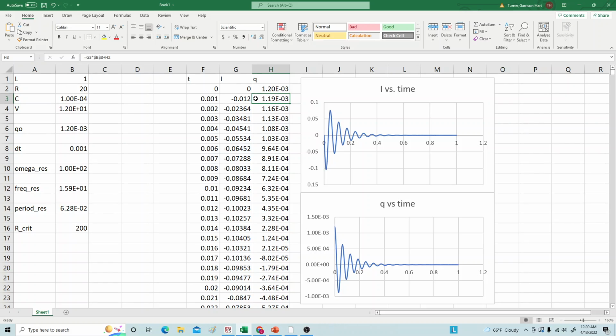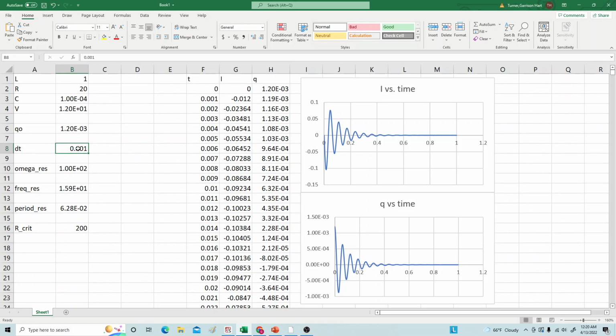So this is going to be equal to G3, which is the current that I just calculated, times B8, which is my time interval, plus H2, the previous charge. So that's it. Once you have these formulas, you can then calculate the updated current and charge through the circuit and on the plate respectively at each time step, each increment of 0.001 seconds.